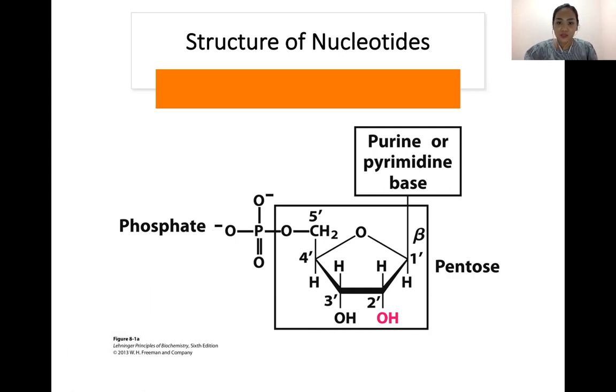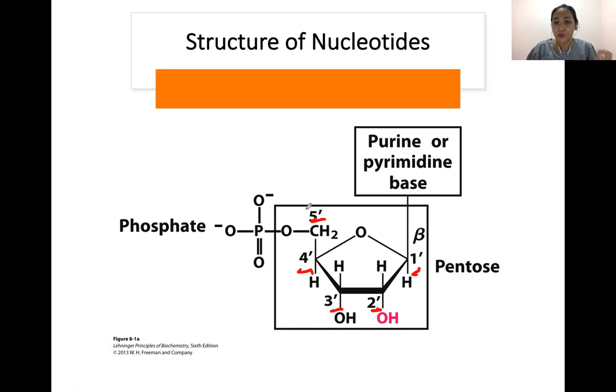In this structure, you will notice prime numbers here. You will see 1', 2', and then 3', 4', and 5'. So what do these prime numbers refer to? These prime numbers refer to the carbons of the sugar moiety, the pentose sugar.